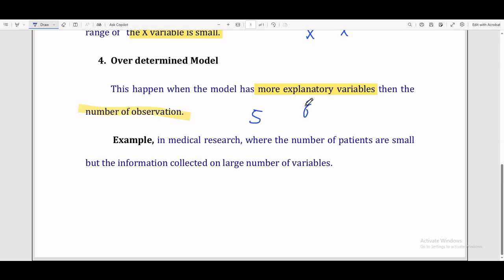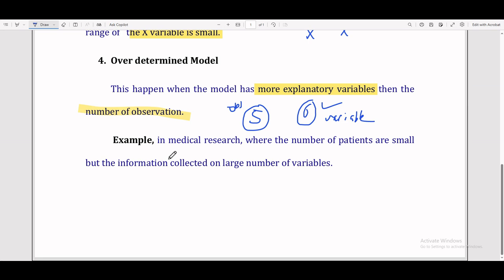So the number of variables is greater than the number of observations. So this is also a reason for multicollinearity in the model.